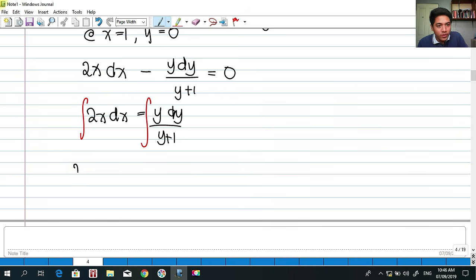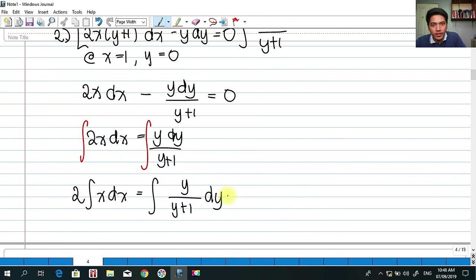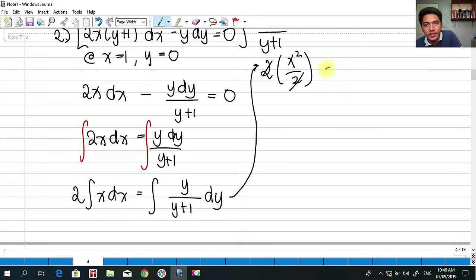So we have 2 times the integral of x dx by properties of integrals, and the integral of y over (y + 1) dy. How do we integrate the left side? It's very easy: this should be x squared over 2, the 2 would be cancelled, and we are left to find the integral of y over (y + 1) dy.